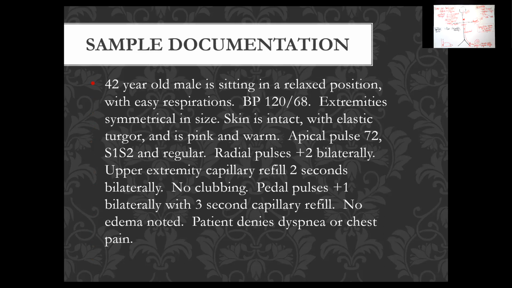Skin is pink and warm. Apical pulse is 72, S1 and S2, regular. Radial pulses are +2 bilaterally. Upper extremity capillary refill is 2 seconds bilaterally. No clubbing present. Then you go down to the lower extremities and you do the same thing. Pedal pulses, capillary refill, edema.